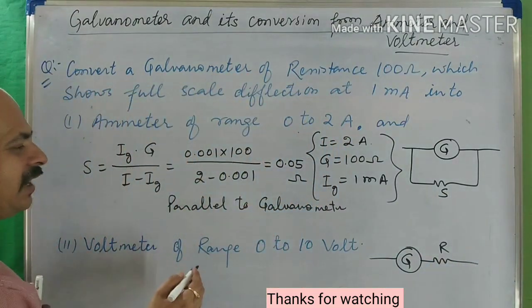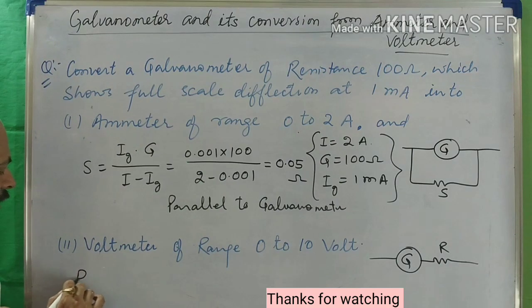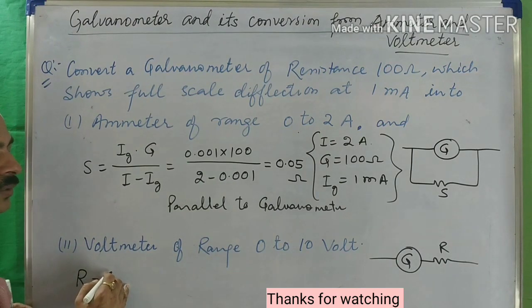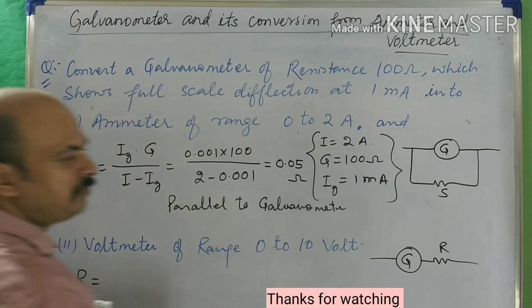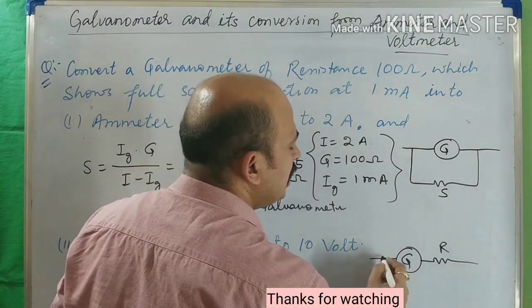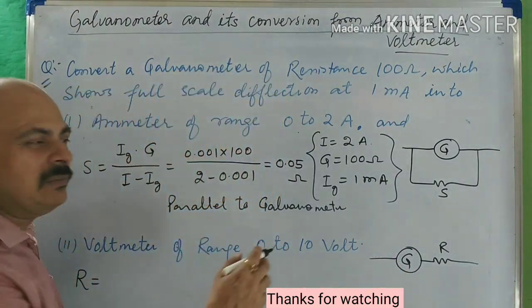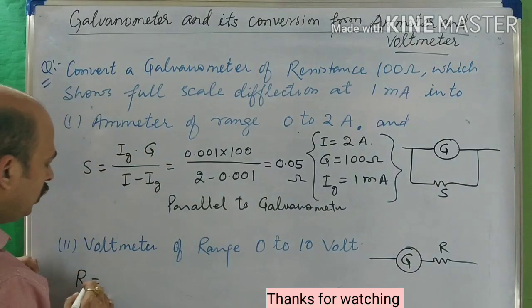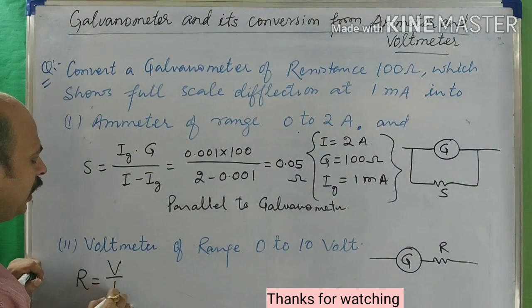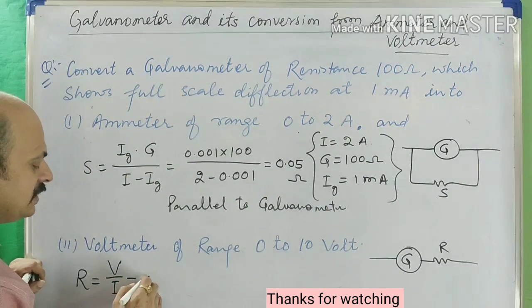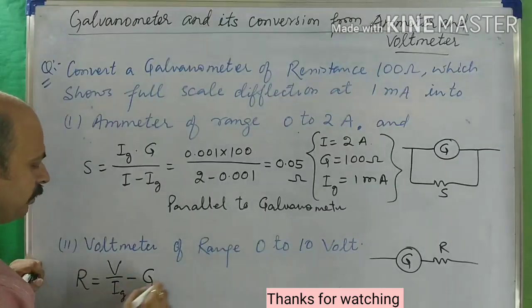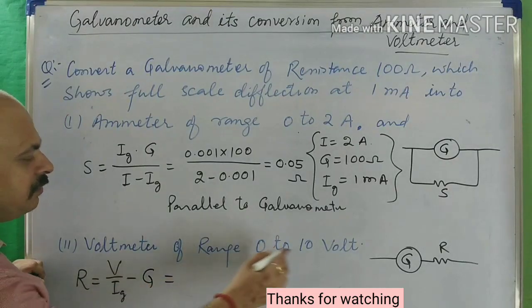And what will be that high resistance? R will be equal to, what was your formula? V equals Ig times (G plus R). So R will be equal to V upon Ig minus G. What is V? V is 10.